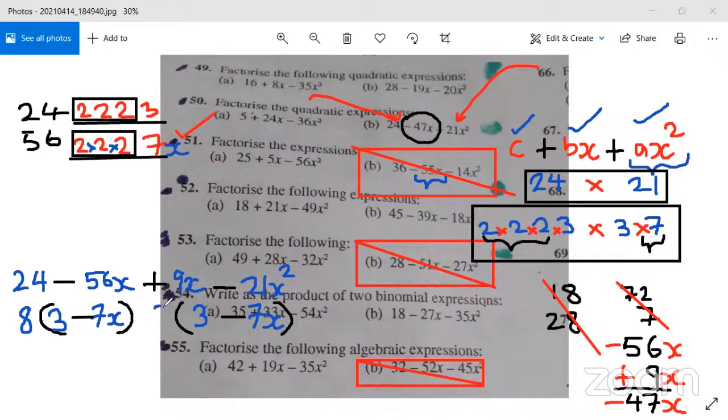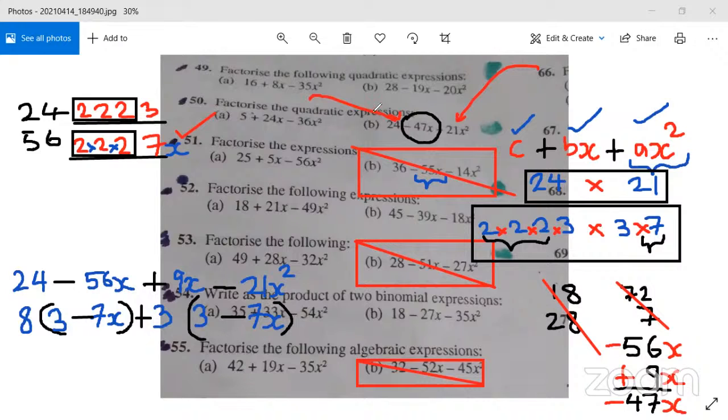But fine. Let me write the positive 3. Wait. Let me do this.